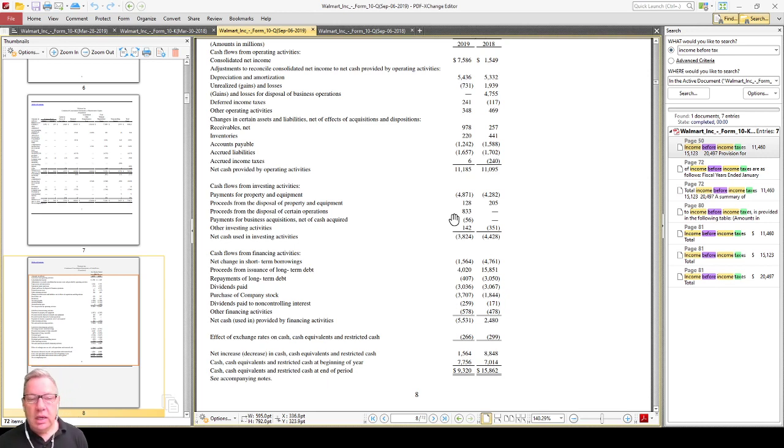And that's negative 56 because I guess one of their businesses was acquired or sold. No, that's money going out. That's what you've spent. It's cash going out. That's why it's negative. Got it. The positive is a proceed, because sometimes you'll take your assets, your trucks, and you might sell them.